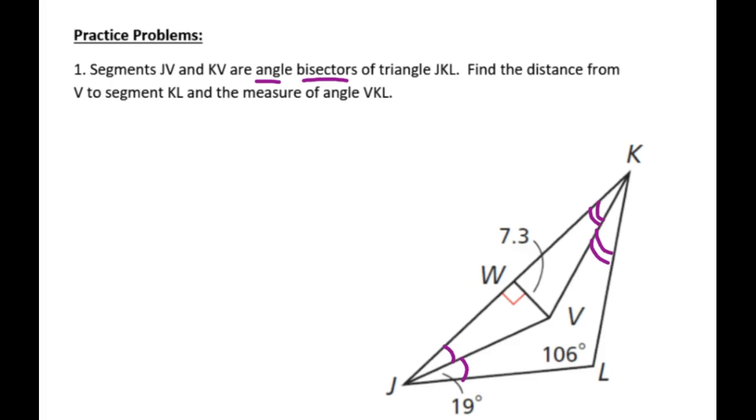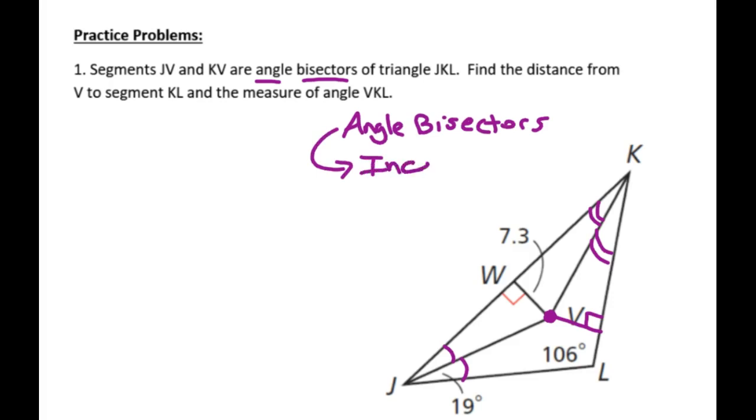Find the distance from V to segment KL. So I want to know the distance from V straight over to KL. Now, what do I call this point right here in the middle if it's created by angle bisectors? Well, from the top of this page, we learned angle bisectors create what's called the incenter.